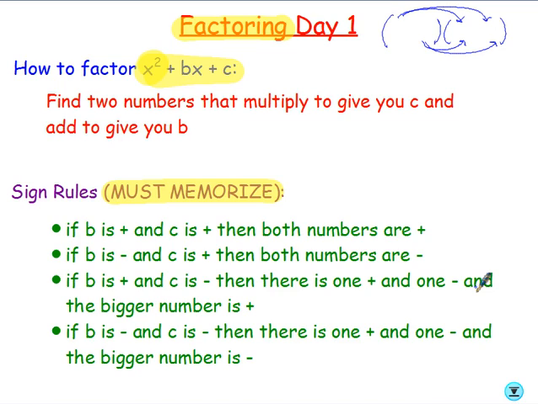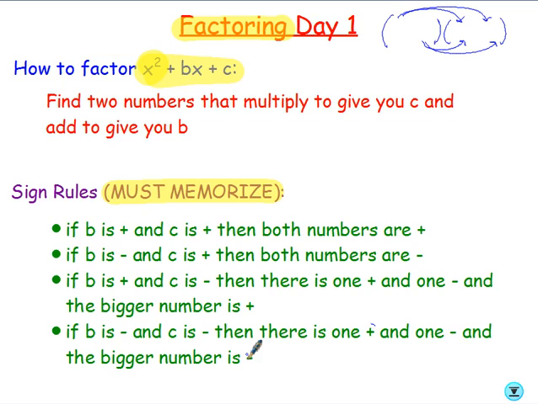In this case, the bigger number is positive because b was positive. Where if b is negative and c is negative, again, if your multiplying number is negative, then there has to be one positive and one negative, but this time your bigger number is negative.